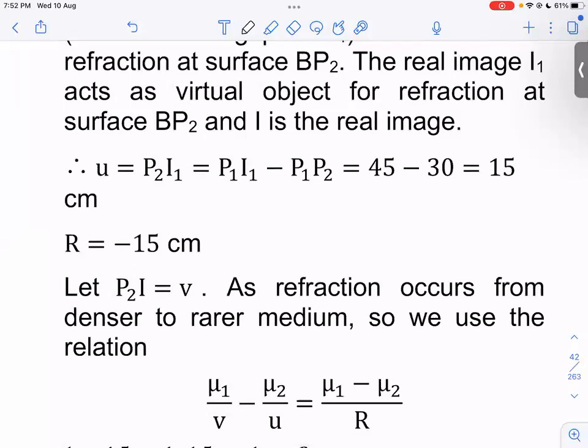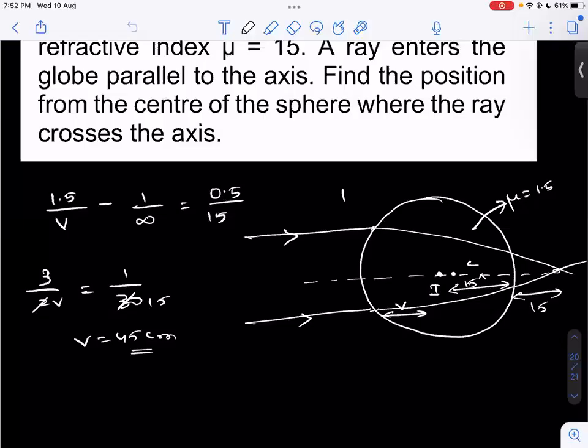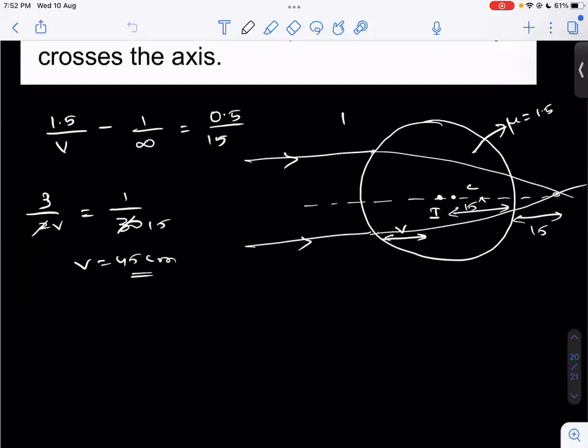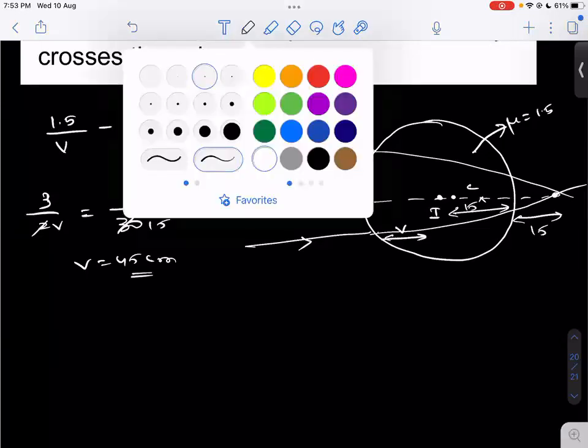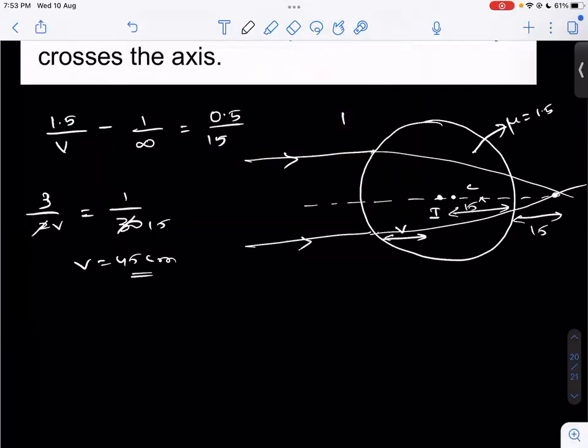Actually, we made a mistake. See, the logic is, this 45 centimeter is appearing because of the first refracting surface, right?